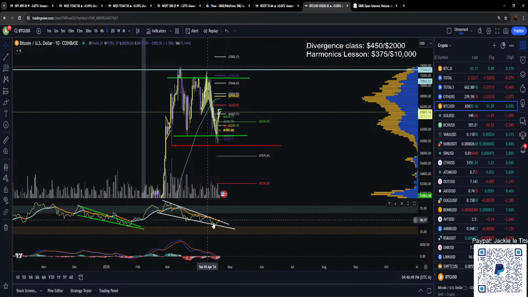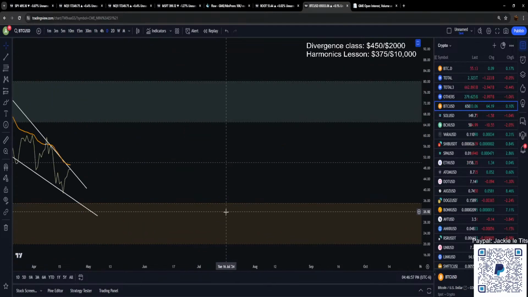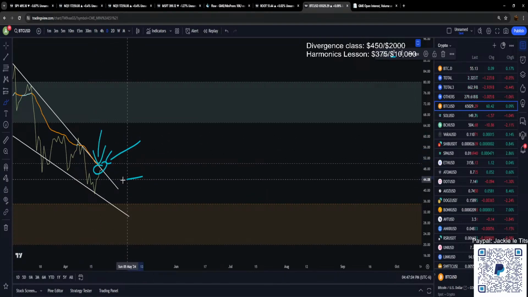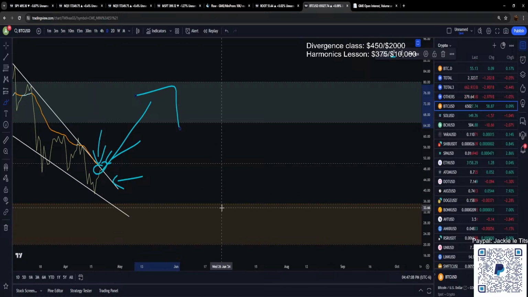And now you have an RSI wedge, the same way that you had here, where it didn't even sniff the bear zone before it exploded. Same thing here, and look what would happen if this thing breaks out: you're going to break the center line, you're going to break the EMA, and you're also going to break the wedge. This thing will explode if it breaks through this overnight tonight.